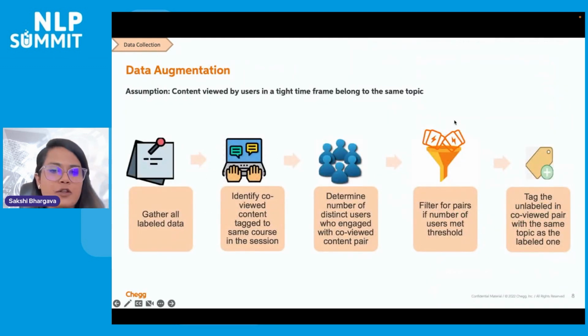So annotations definitely form a major chunk of our training data, but they are expensive and time consuming. Hence, we explored alternate solutions to artificially generate this training data using proxy labels. The strategy we adopted is very similar to collaborative filtering.